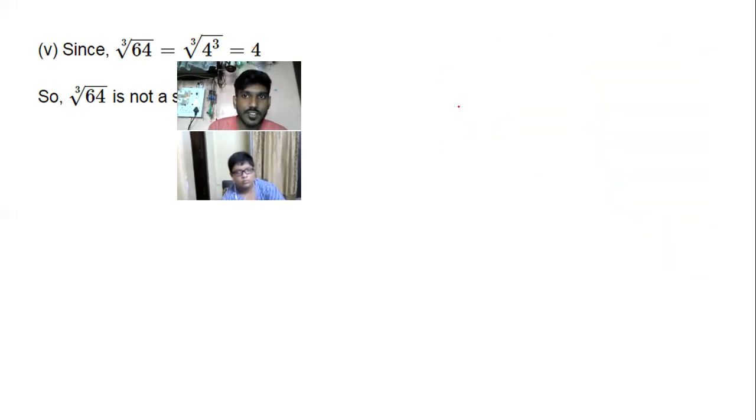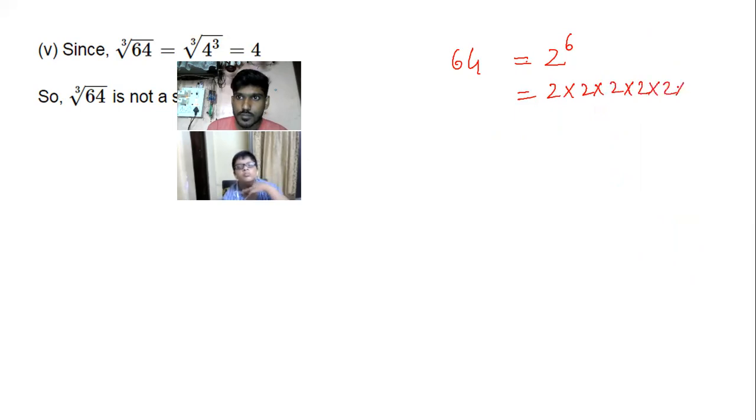So we can rearrange this itself. You got 64 as 2 raised to 6. You can rearrange this to 2 into 2, make it pairs. So this is 4 into 4 into 4.